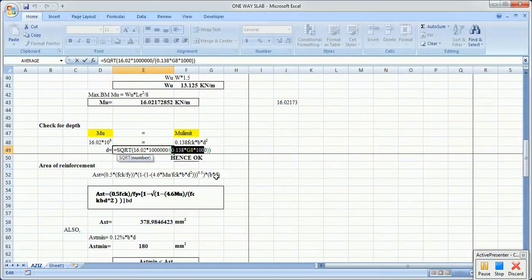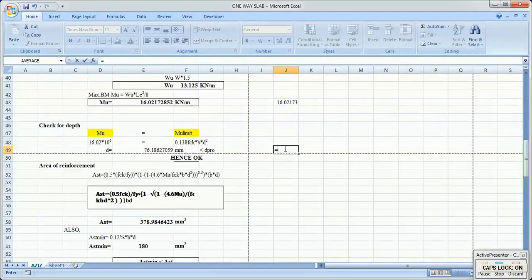or we can make it like this also, equal to bracket of Mu divided by 0.138 fck b.